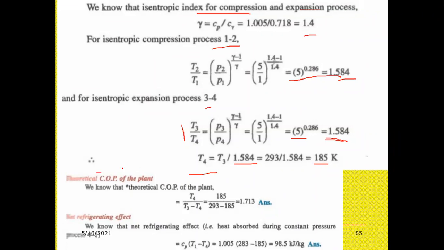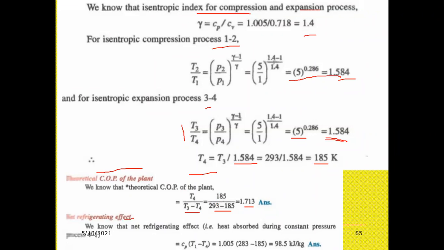Now the theoretical COP of the plant is equal to T4 by T3 minus T4. That is 185 by 293 minus 185, which is equal to 1.713. Now, net refrigerating effect.